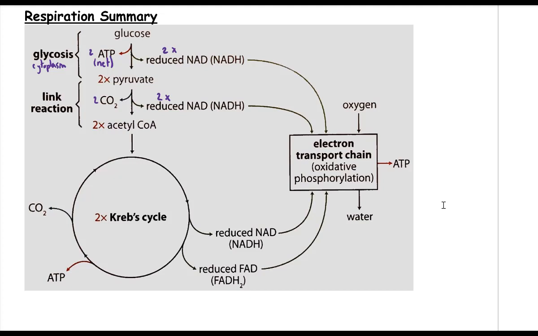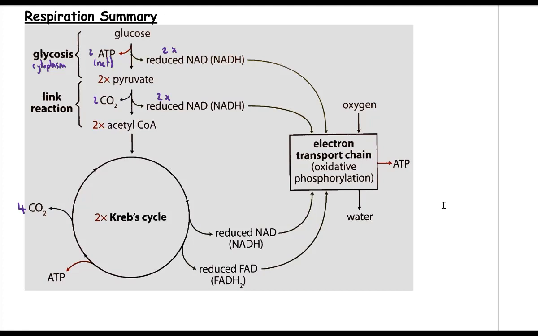We then get 2 acetyl coenzyme A molecules, and it gets fed into the Krebs cycle. It gets decarboxylated along the way, and 2 decarboxylations take place. So altogether we've got 4 carbon dioxides.